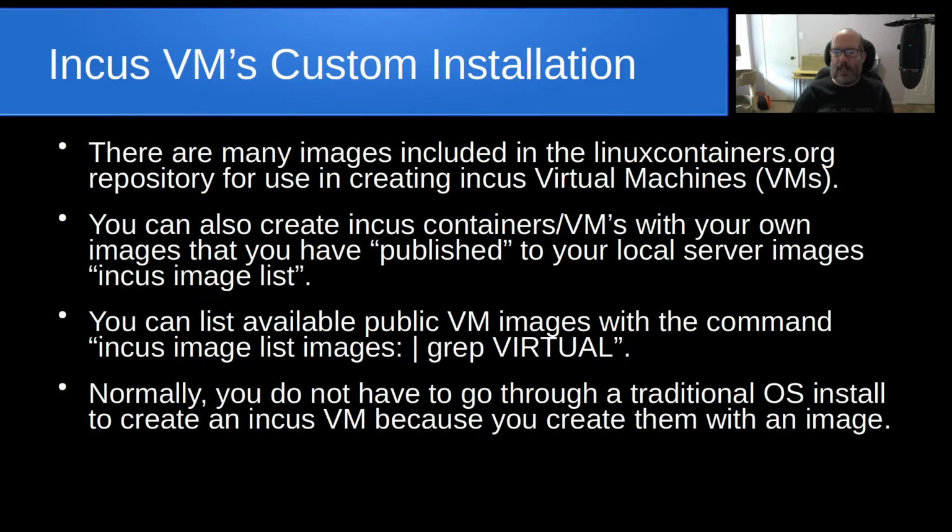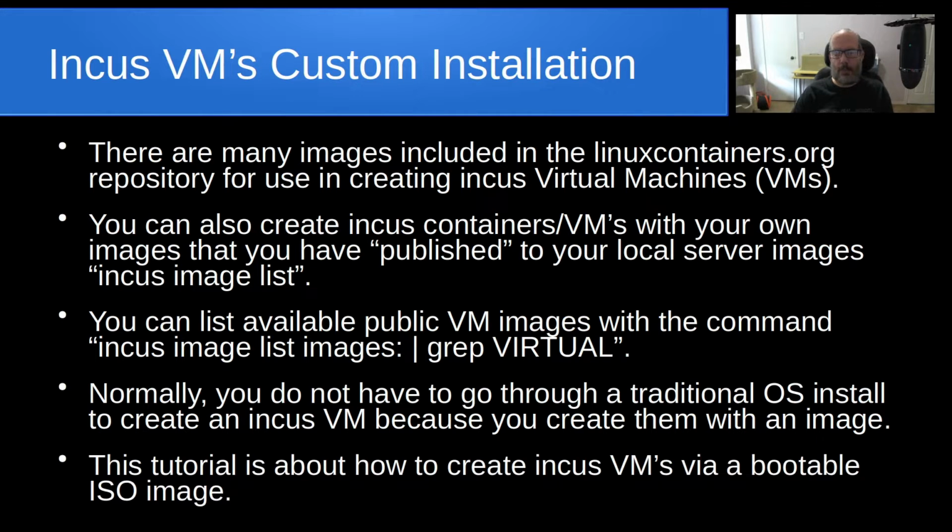So normally you do not have to go through a traditional operating system installation process to create an Incus virtual machine, because you create them with these pre-built images, and that makes them a lot faster. So this tutorial is about how to create Incus virtual machines via a traditional bootable ISO image.